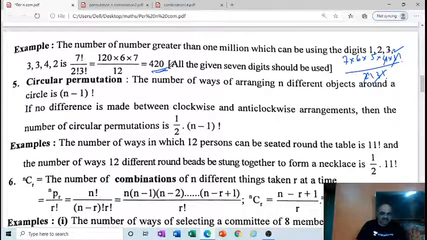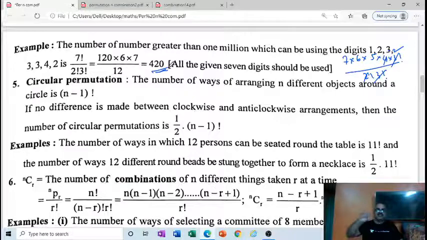Next, I'm going to give you circular permutation. If people are arranged in a circular manner, how are we going to get it? It's called circular permutation. The number of ways of arranging n different objects around a circle is (n minus 1) factorial ways. Suppose 5 of us are there.